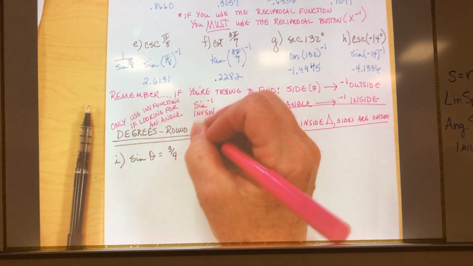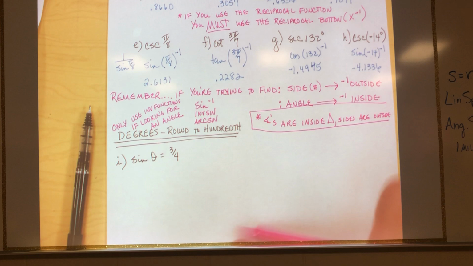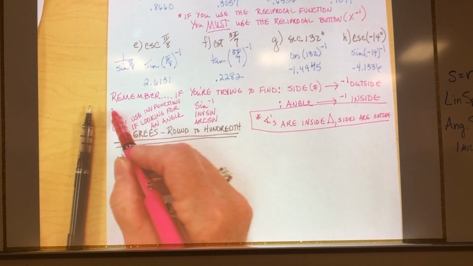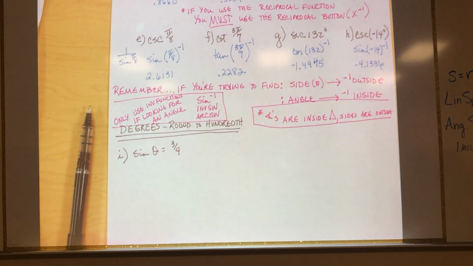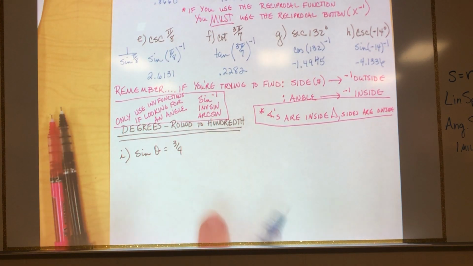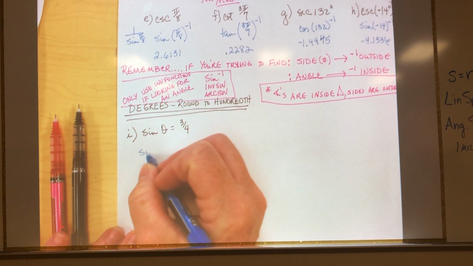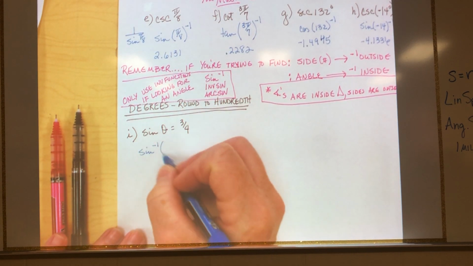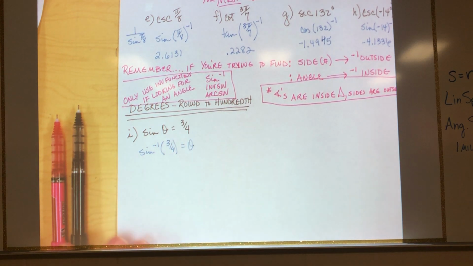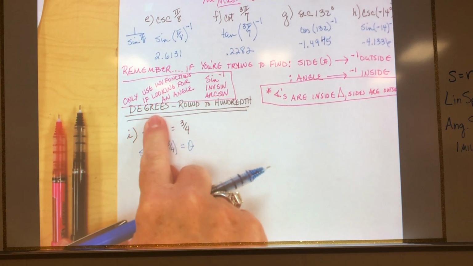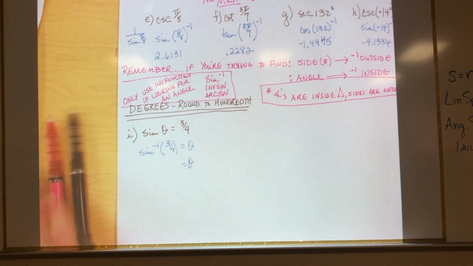We're going to rewrite this as an inverse function. The inverse sine of 3/4 is equal to my angle theta. He's telling me I have to be in degrees, so I'm going to make sure my calculator's in degrees.